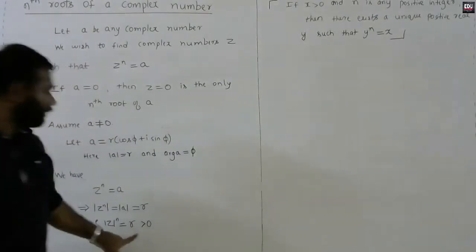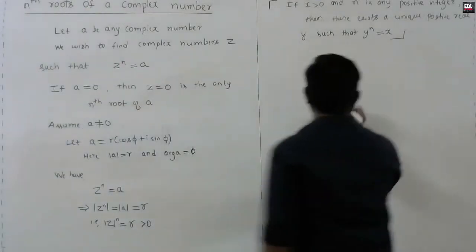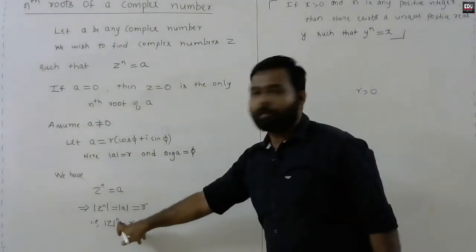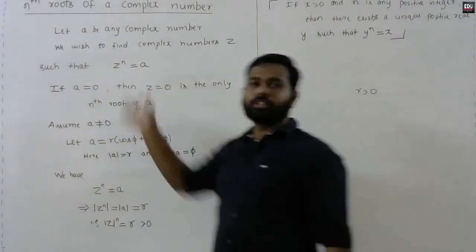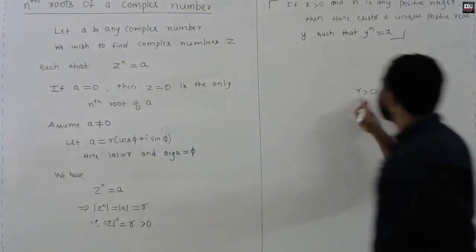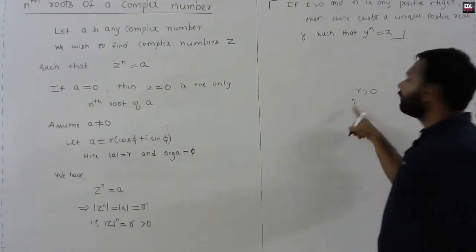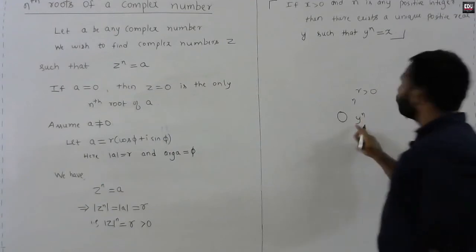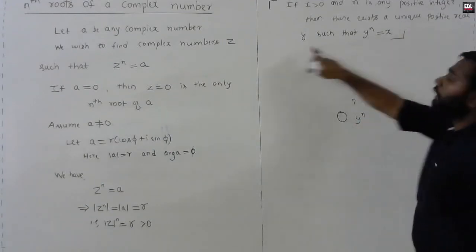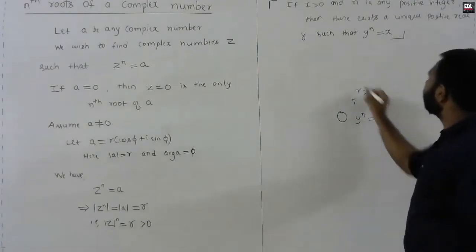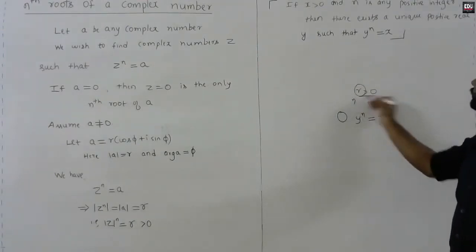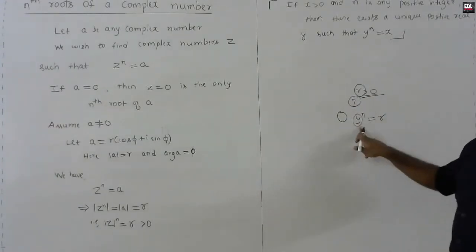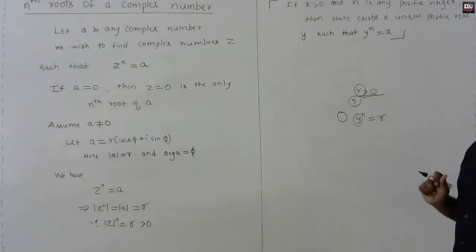Now come to this equation. What this equation says is that r is some positive real and n is any positive integer. We are finding nth roots, so n has to be a positive integer. So for any positive real and any positive integer n, there has to be a unique positive real number y such that y power n is equal to r.